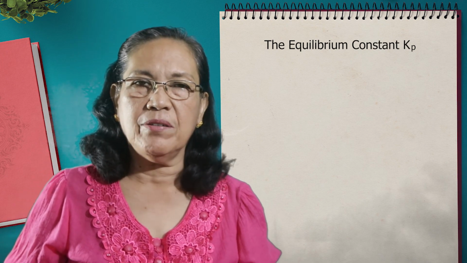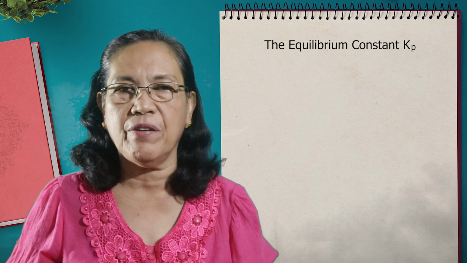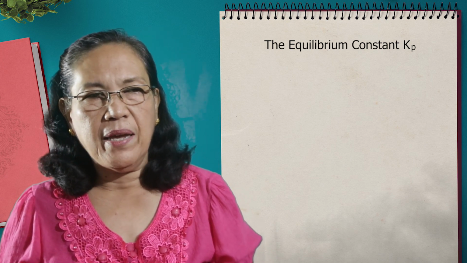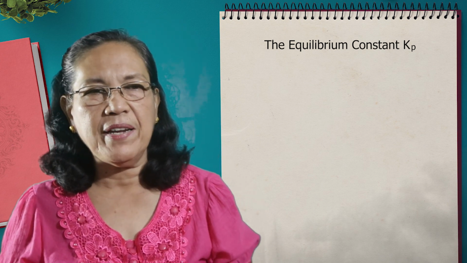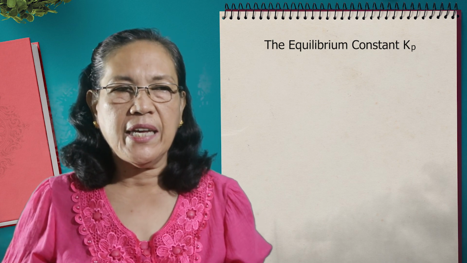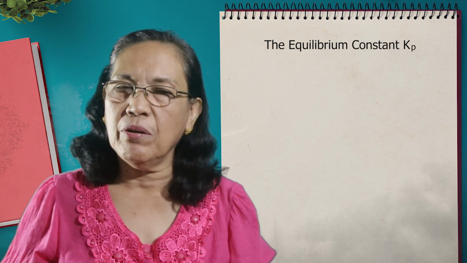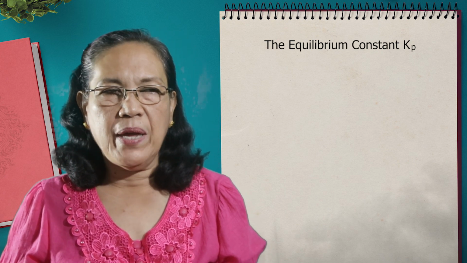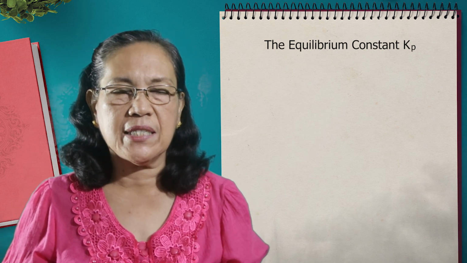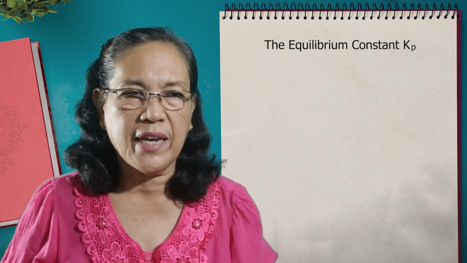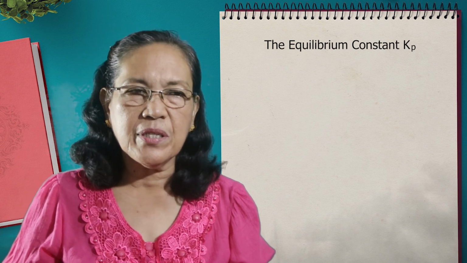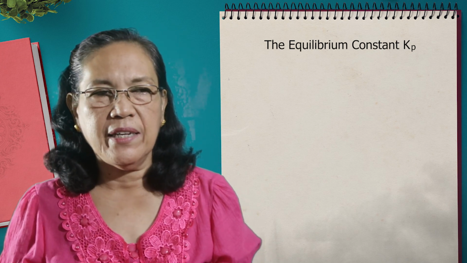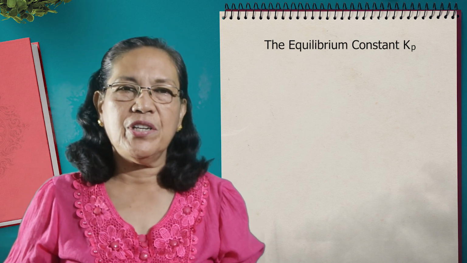So, if we follow the practice of representing the concentration of hydronium ion as hydrogen ion, then the simplified expression for the equilibrium constant K sub A, or sometimes called the dissociation constant, we can represent the equation as dissociation constant K sub A equals the concentration of hydrogen ion times the concentration of the acetate ion divided by the concentration of the acetic acid.